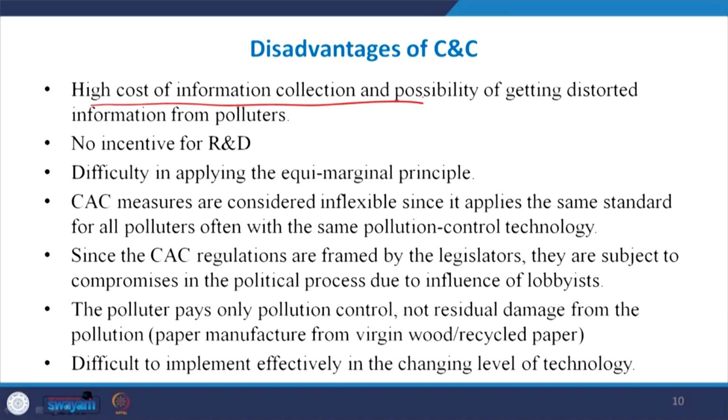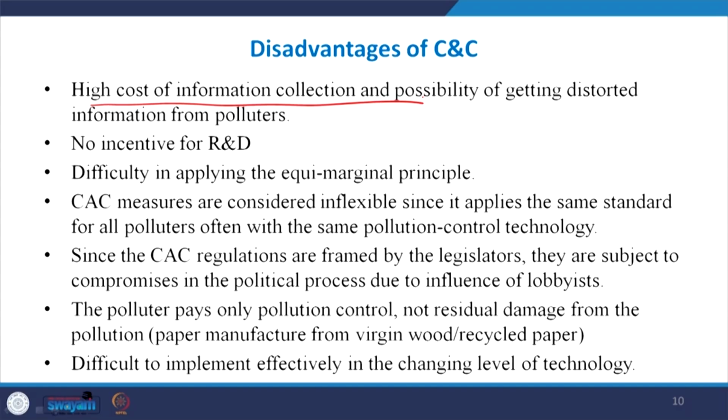When the government or regulator sets the standards, be it a technology standard, an ambient standard, or an emission standard, lots of information is required, and getting information may be a very costly affair, number one.